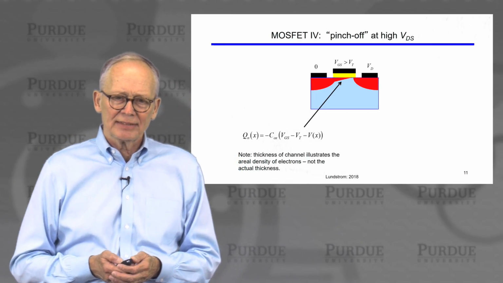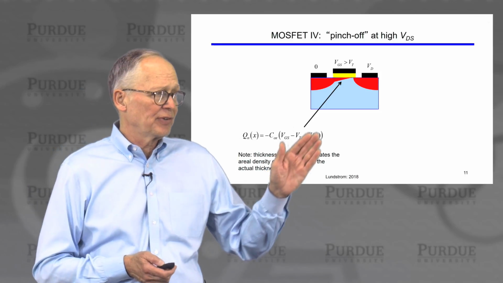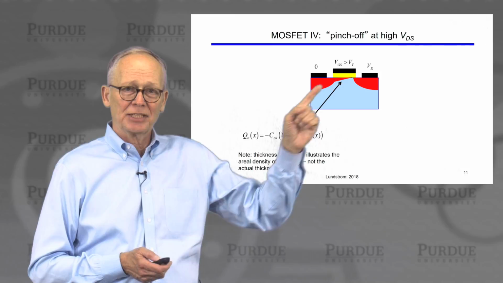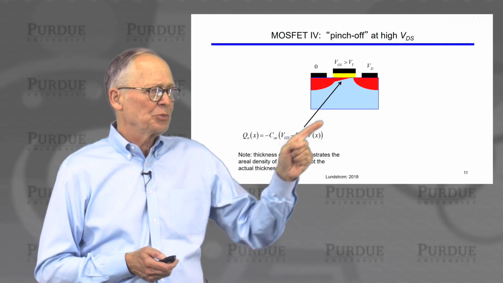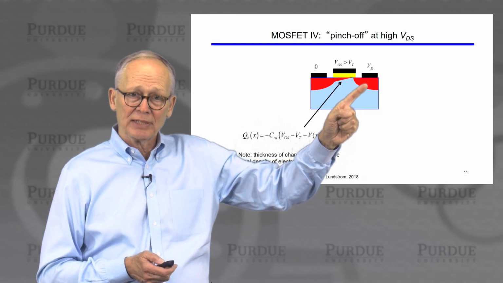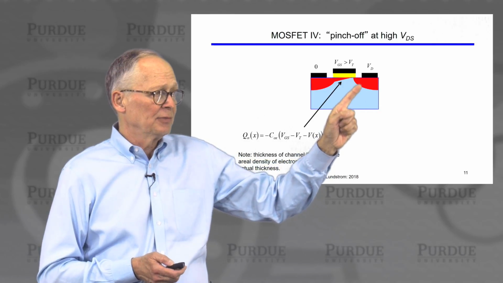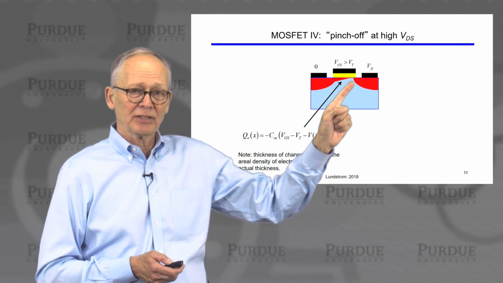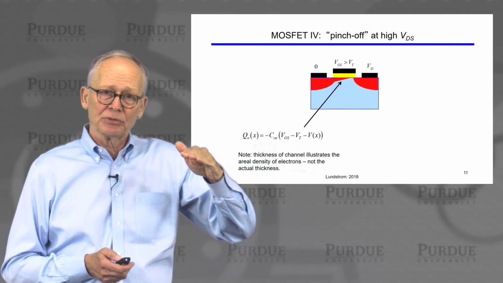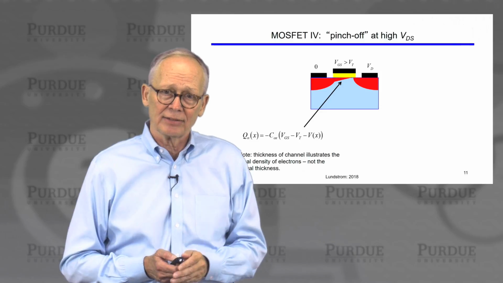Okay, now let's look at how the charge varies along the channel. We know the charge at the beginning of the channel, but as we march down the channel, the drain voltage is large because we're in a saturated regime. The voltage gets bigger and bigger in the silicon. There's a smaller and smaller difference between the gate voltage and the voltage on the underlying silicon.